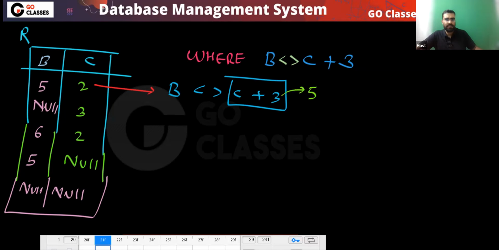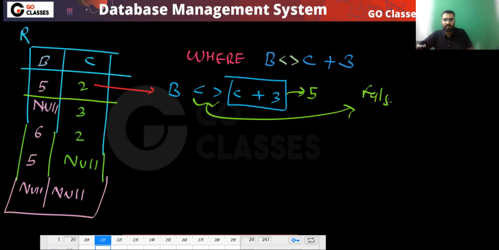So this box is going to be 5. And finally, what will this give me? B is not equal to 5, 5 is not equal to 5. So this will give me false.